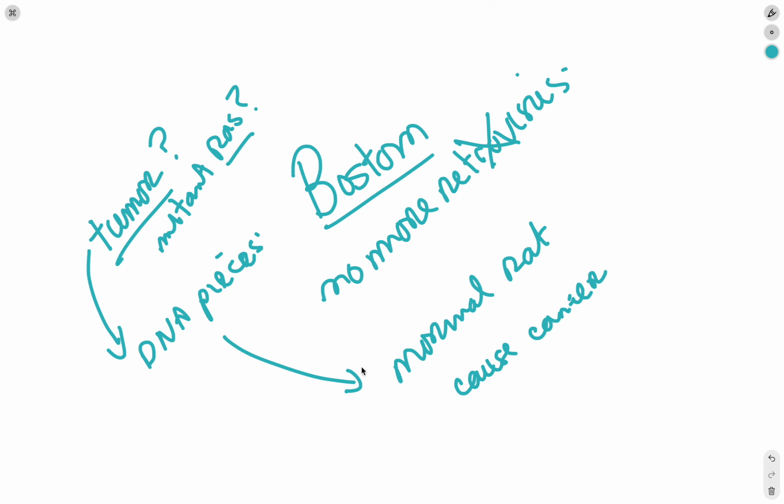He had tagged those pieces that he put in, and when he looked at which gene, he found that it was the RAS gene. So that's the common piece between Wisconsin and Boston, that it's the RAS gene both times. He was looking for it. He was thinking he was going to find it, and he did.